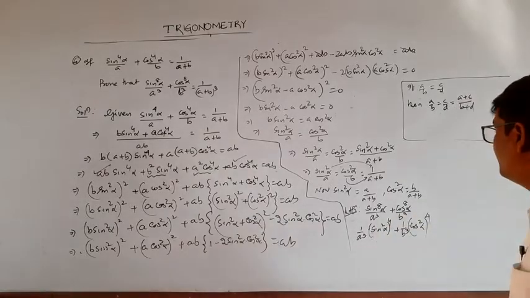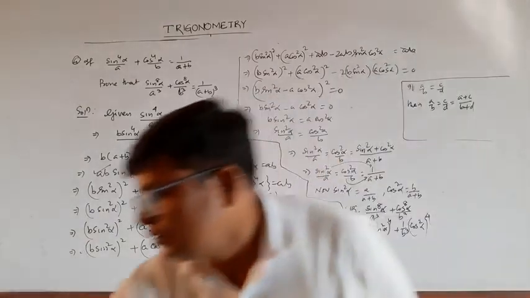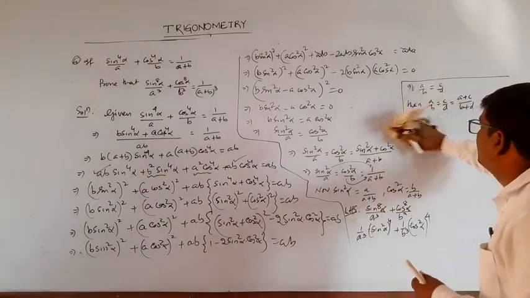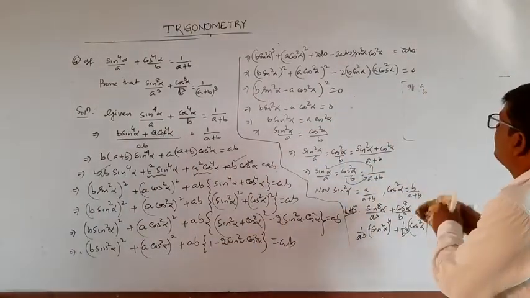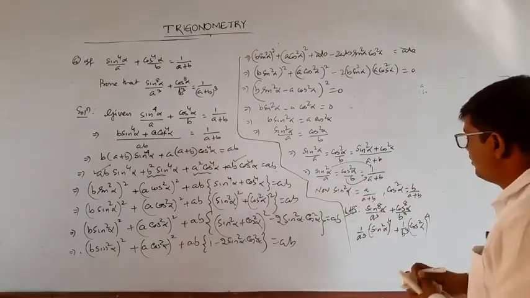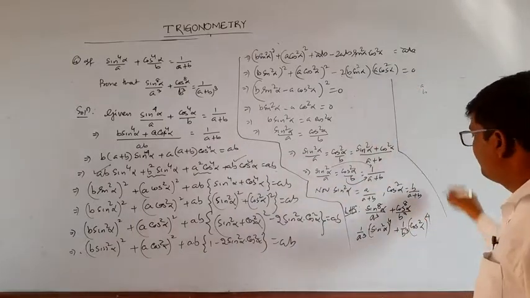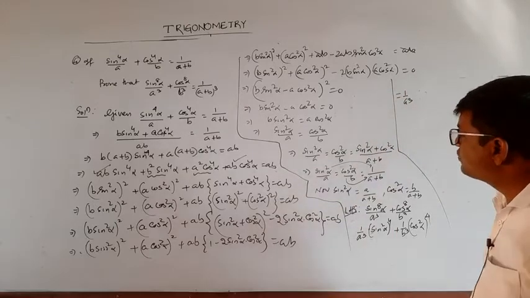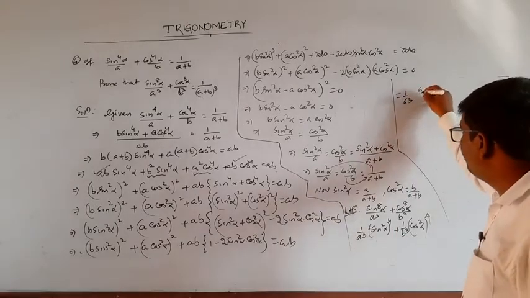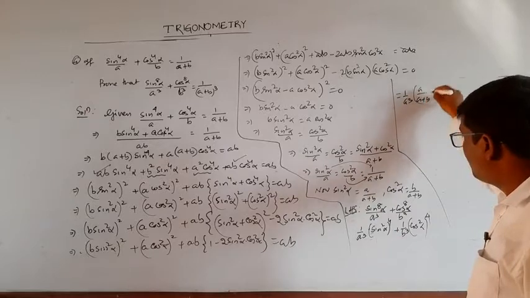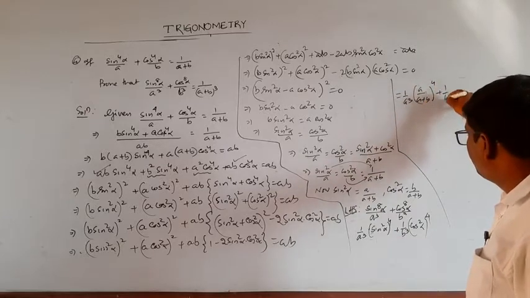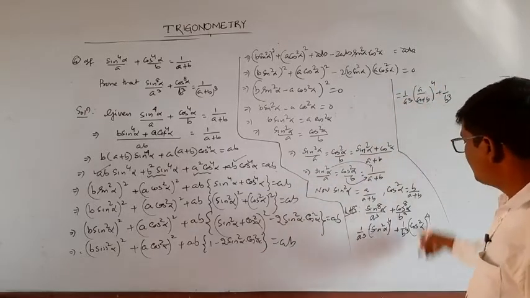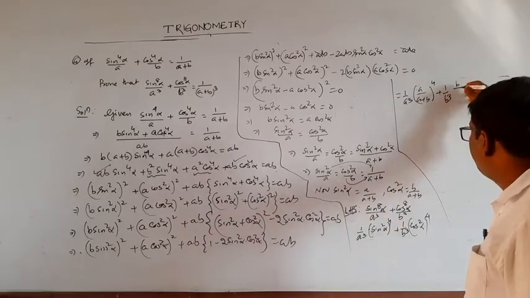Then 1 by a³, sin²α means a by (a plus b) to the power 4, 1 by b³ here, and cos²α means b by (a plus b) to the power 4.